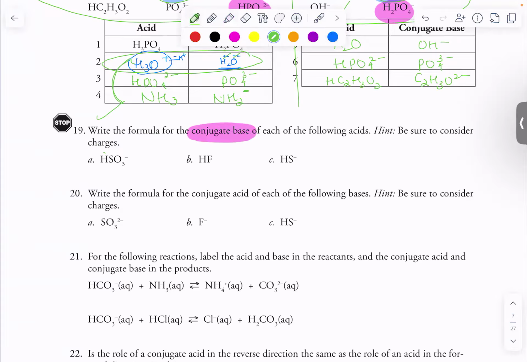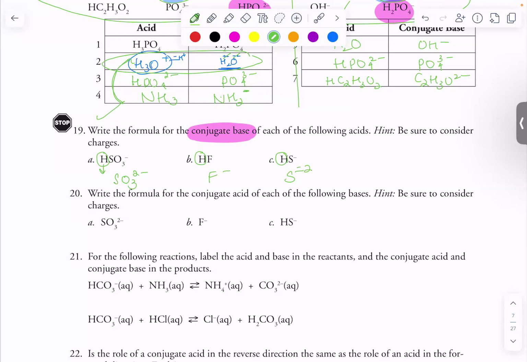Now, after losing hydrogen as an ion, what will be left? It will be SO3 2 minus. Well done. After losing hydrogen ion, F minus. Well done. After losing hydrogen ion, S2 minus.